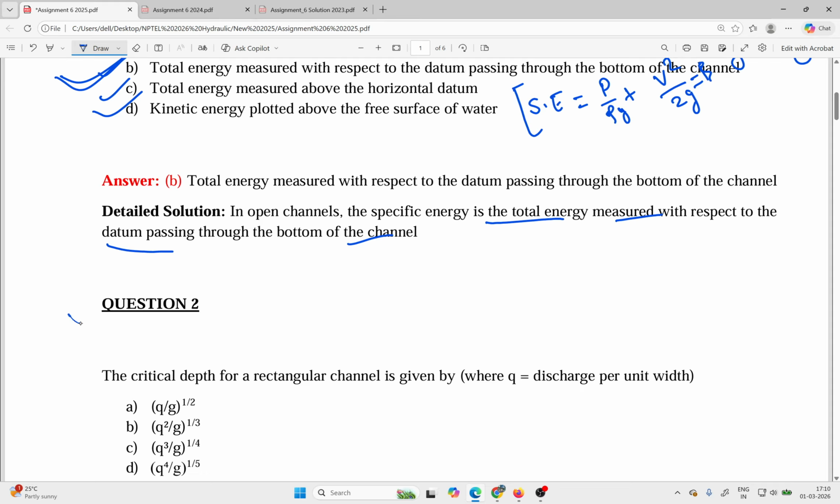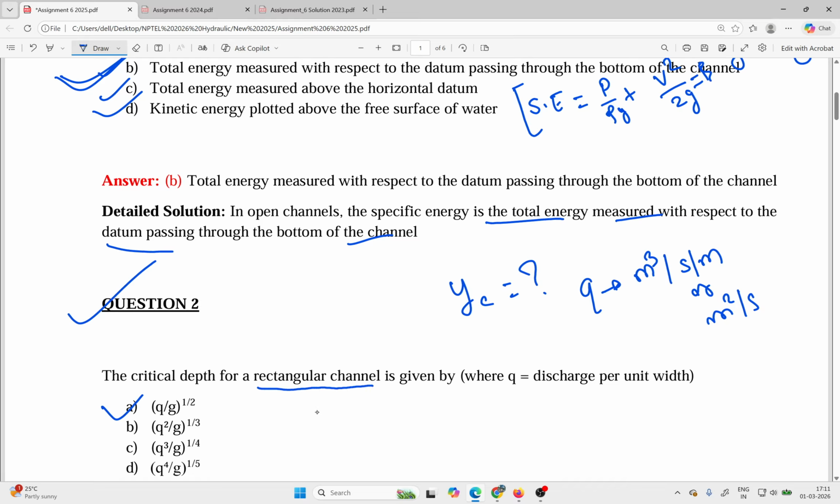Question number 2 is: the critical depth for a rectangular channel is given by. So you need to calculate the critical depth, where q is the discharge per unit width. The unit of q is meter cube per second per meter, or you can say meter square per second. Option A, q by g, half, for a rectangular channel, remember please.